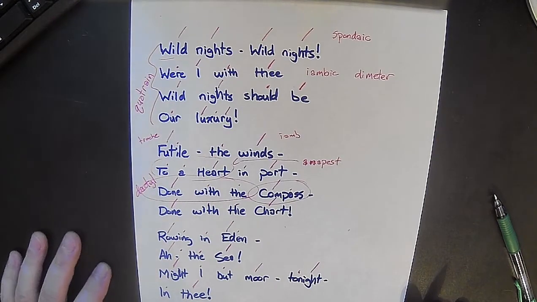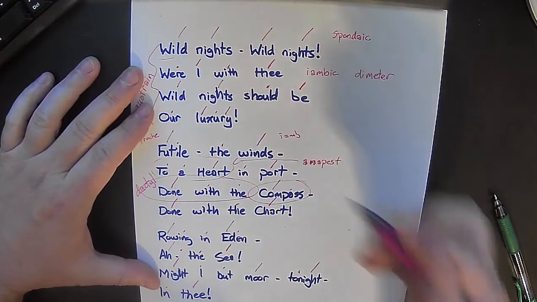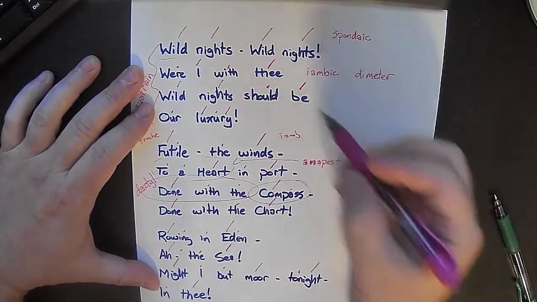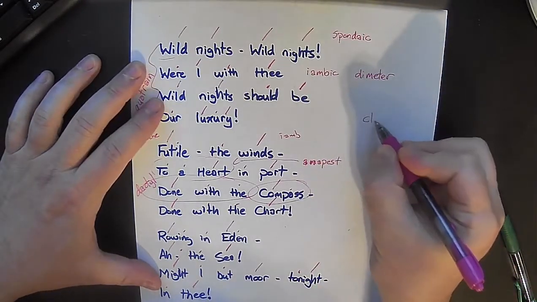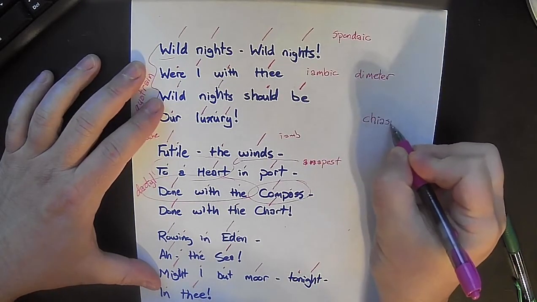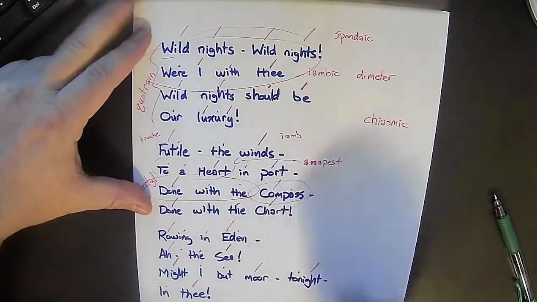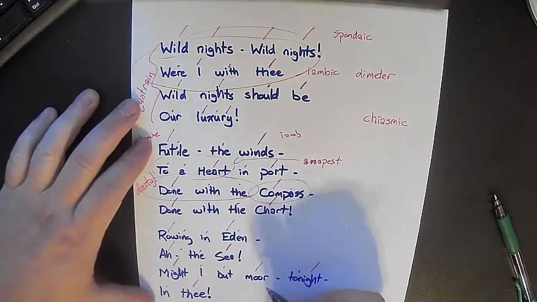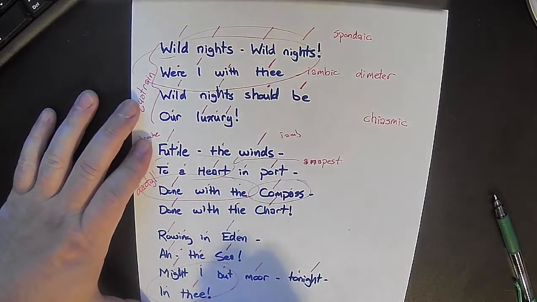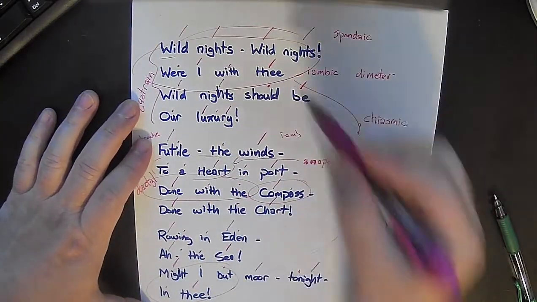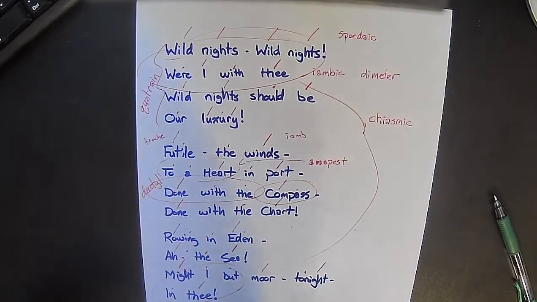I want to also point out that she does use a chiasmic structure. At least that's what I'm seeing, because she opens this with "were I with thee," and she ends it with the "I in thee" as well. This is the bookend. Were I with thee, all these things would happen.